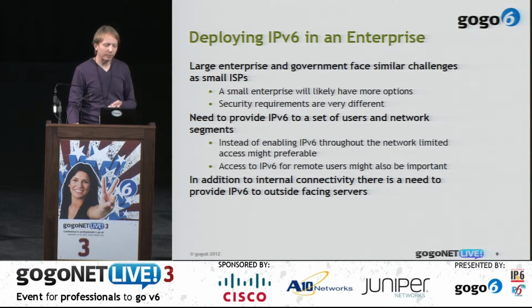It's going to require IPv4. In an enterprise environment, it is a bit different because you have a better view on what's actually in your network and what kind of applications are running. At least, hopefully, you have a clue of what's going on in the network. And that can help you do things a bit differently than you could do otherwise.